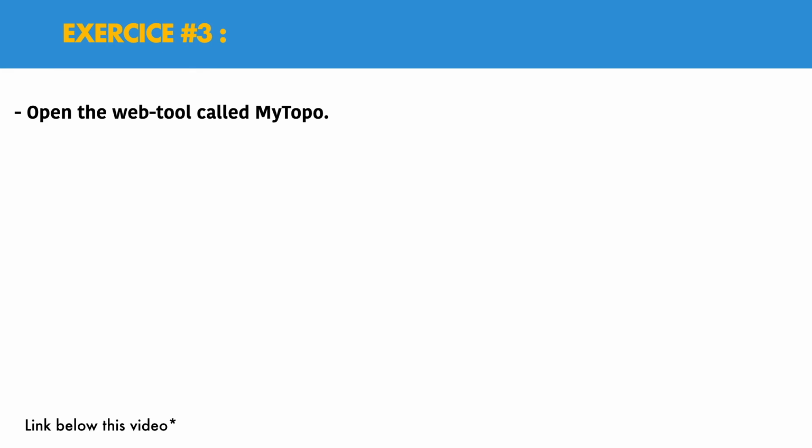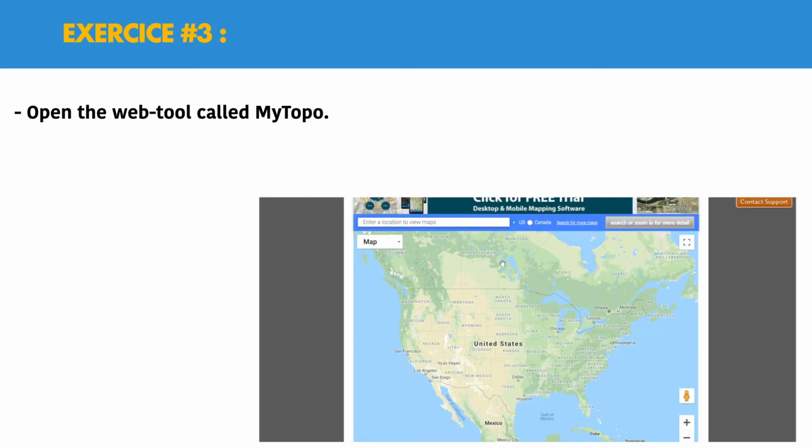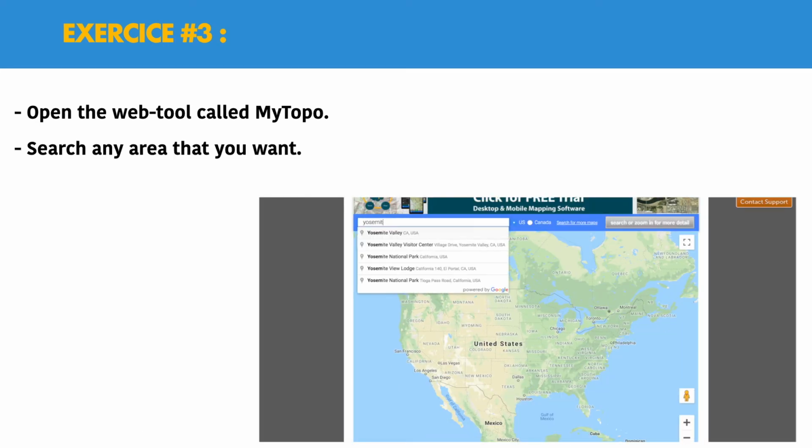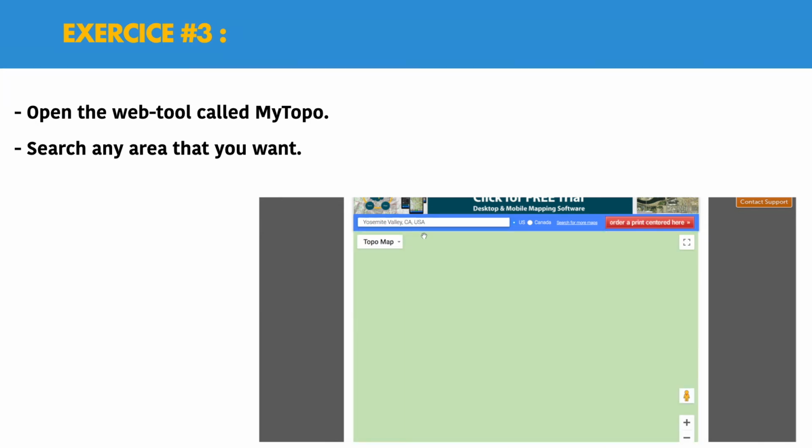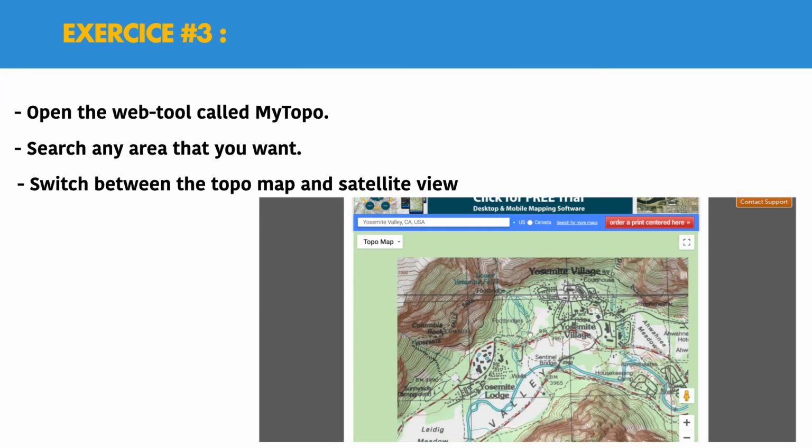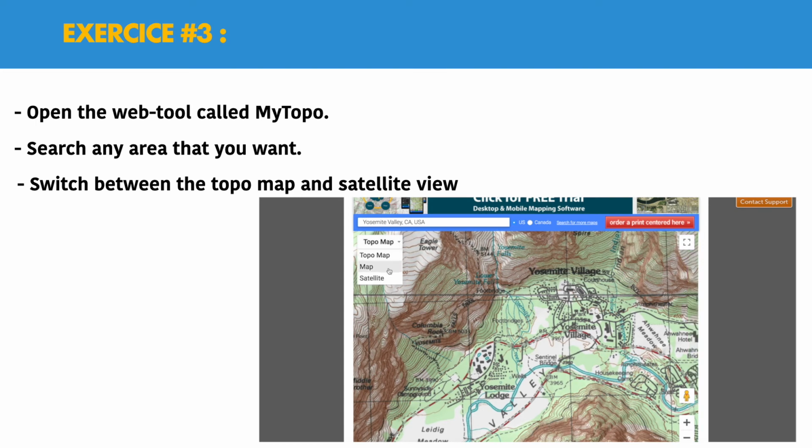In the last exercise, I want you to open the web tool called My Topo, preferably from the link below the video, to go directly to the page of the online maps and search for any area that you want and switch between the topo map and the satellite view to be familiar with reading a topographical map.